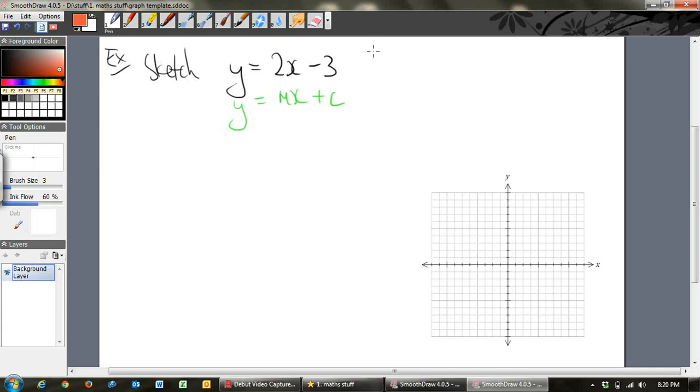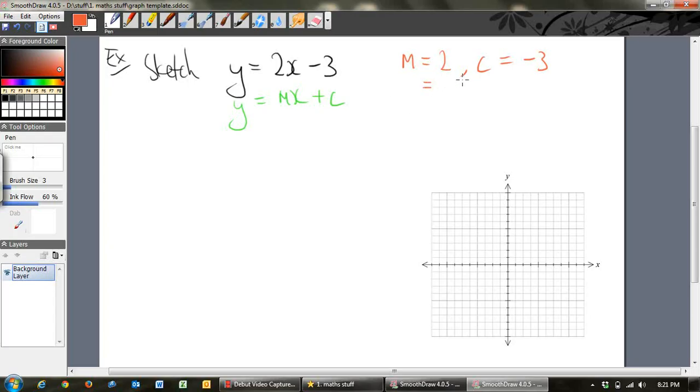M is just the number that's in front of x, so in this case m is 2. And c is the number that sits by itself, so in this case it's negative 3. Not 3, it's actually negative 3. So I've got m and c.